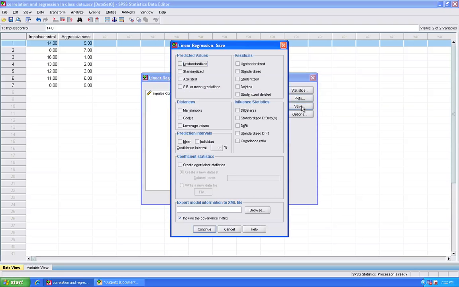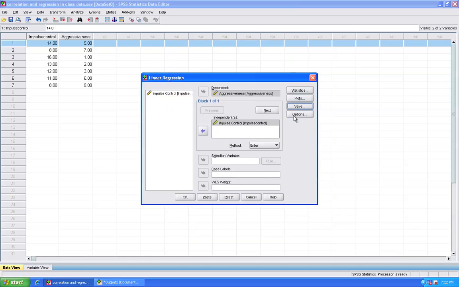Looking at the Save option, we could save additional columns of data, including the predicted values and the residuals, either standardized or unstandardized. For this particular analysis, I am not going to save additional columns of data, but this screen allows you to save a variety of measures of fit and other information related to regression analysis.